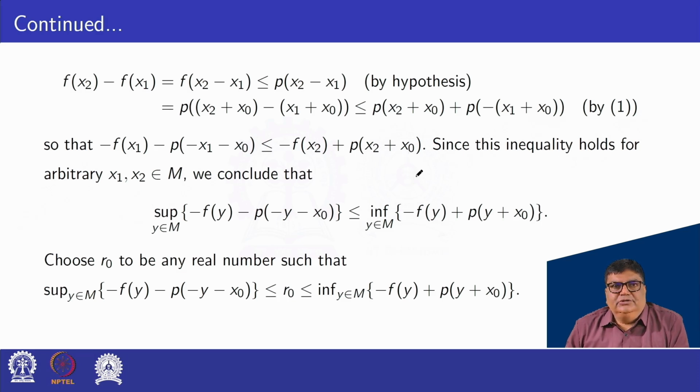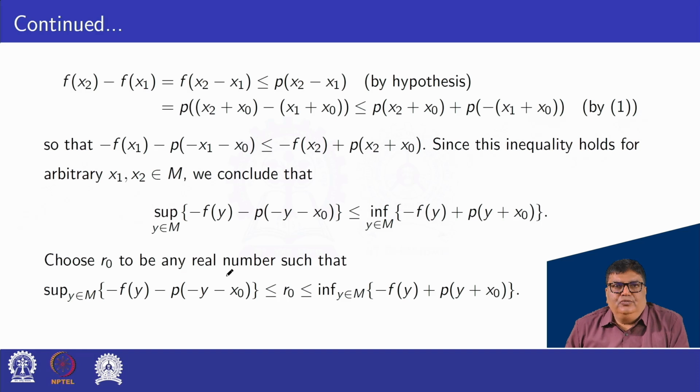Since the inequality holds for arbitrary x1, x2 belonging to M, we conclude that the supremum of minus f of y minus p of minus y minus x0 is less than or equal to the infimum of minus f of y plus p of y plus x0 for y belonging to M. Okay.